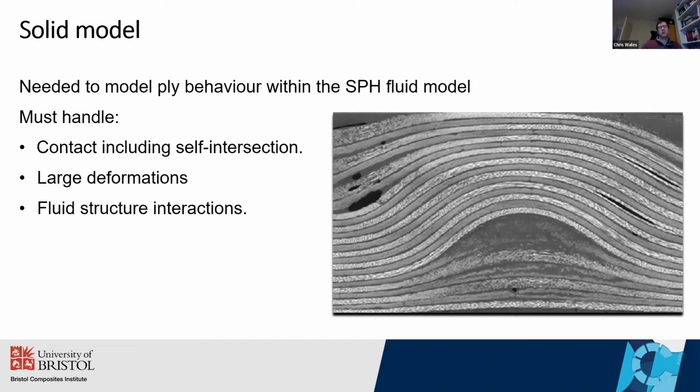So as you saw, particularly with corner cases, we can get large curvatures in the ply layers. We need to be able to handle the case, particularly if we've got a void region where potentially we've got contact between the fiber layers, and then finally we've got to couple this with the fluid equation.